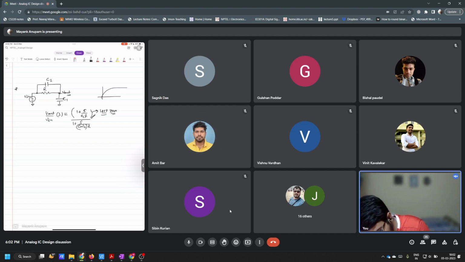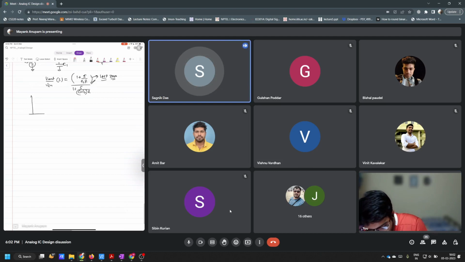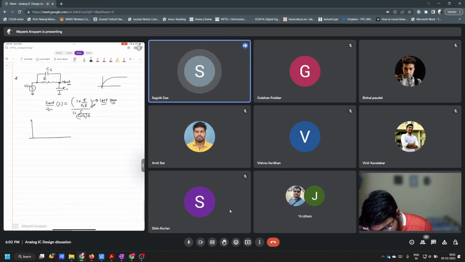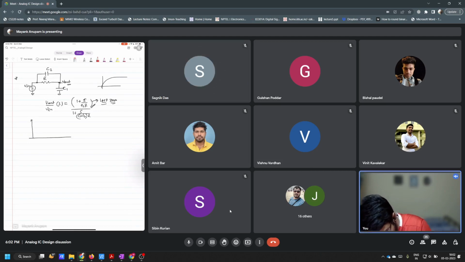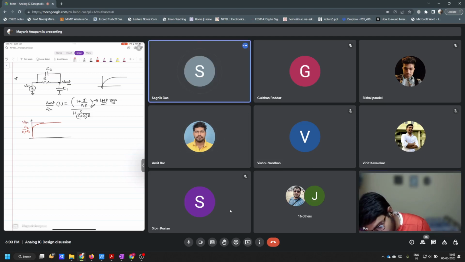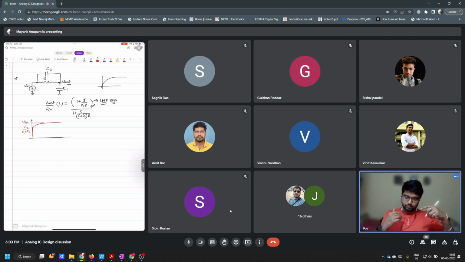What is the response of the system to a unit step? Tell me. So first of all, it will jump to C2 by C1 plus C2 and then settle to the value of V in. Correct. So it will jump to C2 by C1 plus C2, and then it will slowly rise to the value. Which value? V in, right? 1 V. Correct. So basically, you see that because of the LHP 0, the system is pushed in the right direction initially, right?